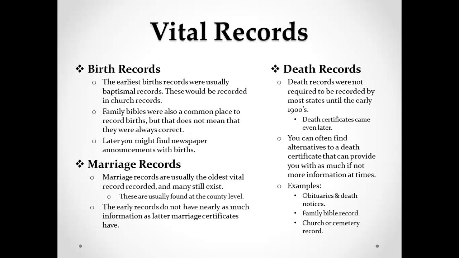Later, you might find newspaper announcements with births in there. That became more common in the 1900s. In larger cities like New York, Chicago, and places like that, you might find announcements much earlier than in more rural locations. When it comes to marriage records, those are the oldest vital record that you will usually be able to find.